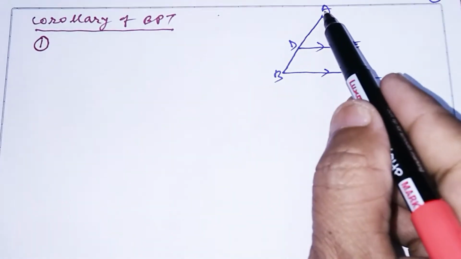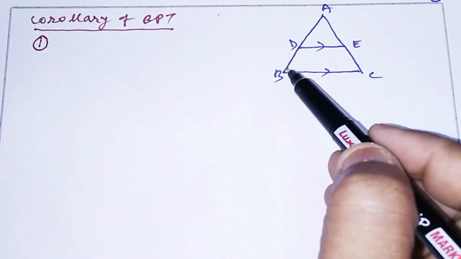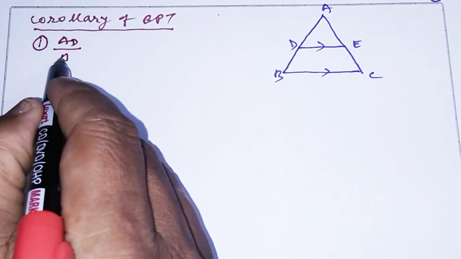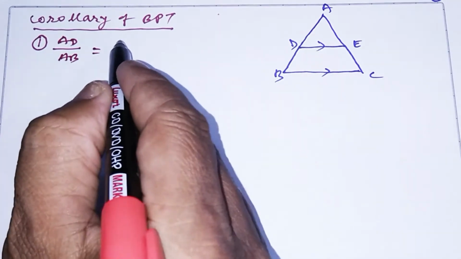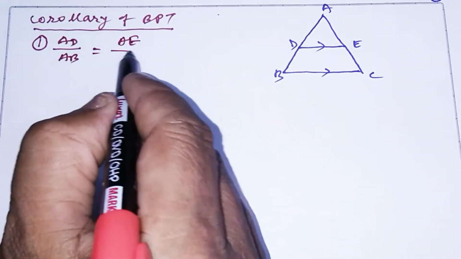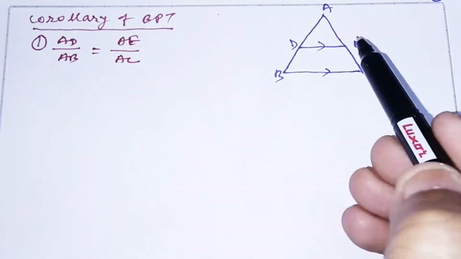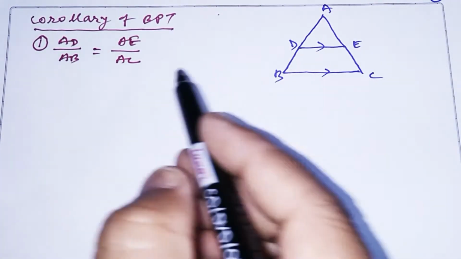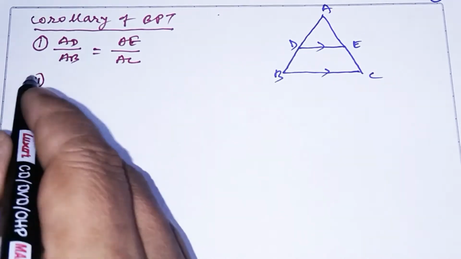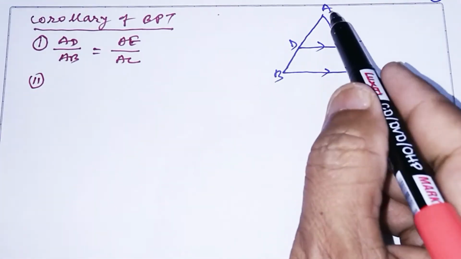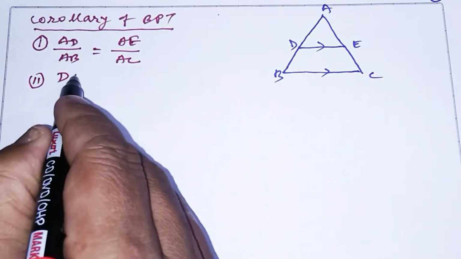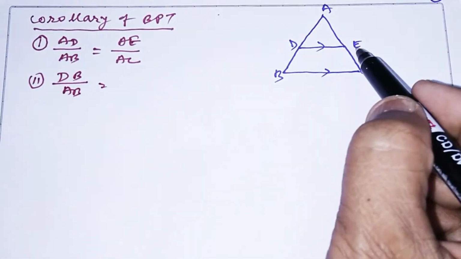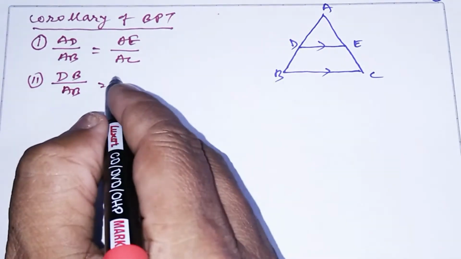Number one, AD by AB is equal to AE by AC. And the second corollary we have is DB by AB is equal to EC by AC.